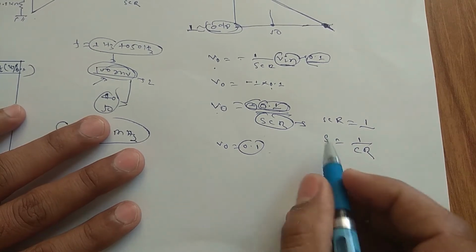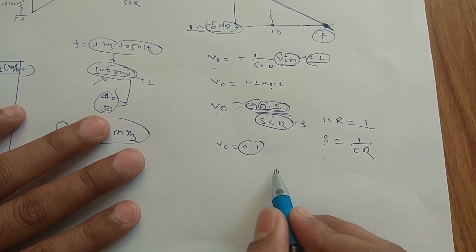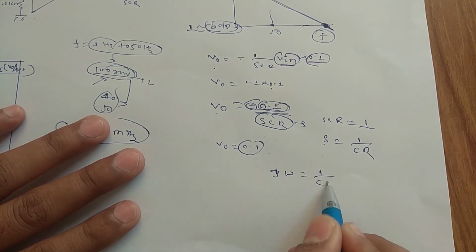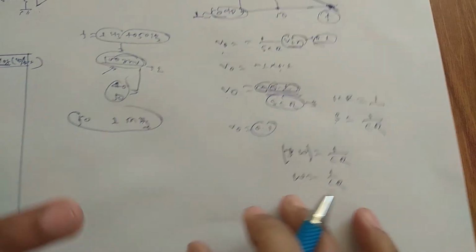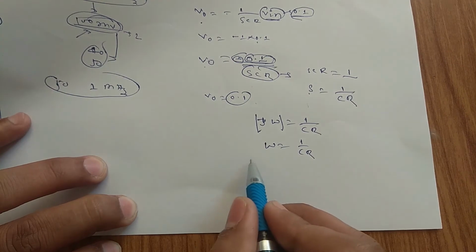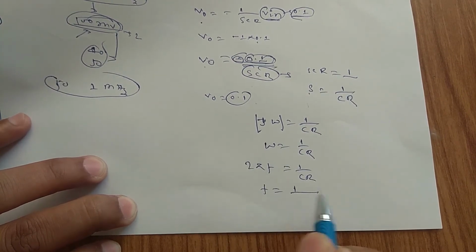And we just need to calculate this frequency point. What is this S? S is nothing but j omega. If I take the magnitude only, this will be omega. So omega will be 1 by CR. And what is omega? 2 pi F. So 2 pi F is 1 by CR, and F is equal to 1 by 2 pi CR.